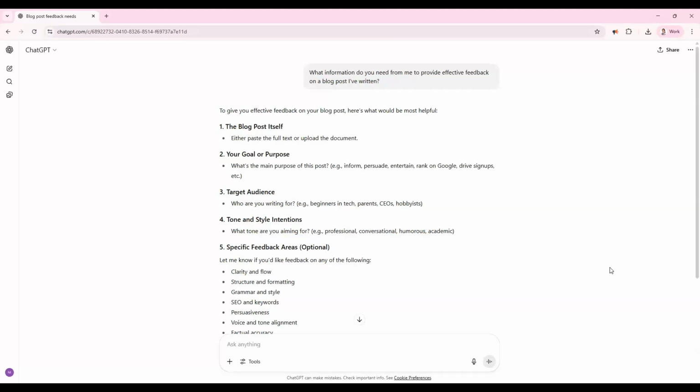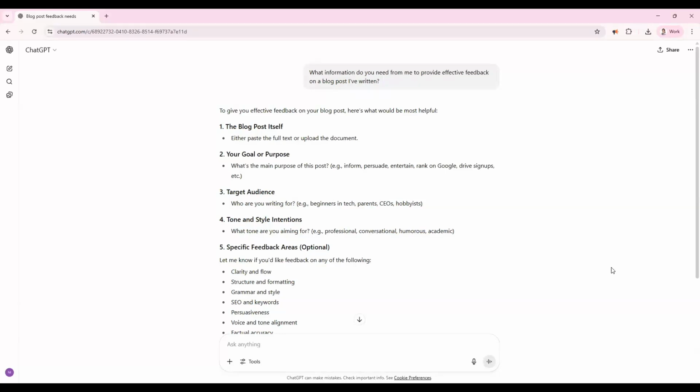Is it to persuade? What is the objective there? And this is also where you can put in things like your key messages. Are there particular key goals or messages that you really want to get across in this blog post? You're going to need to include those as well.